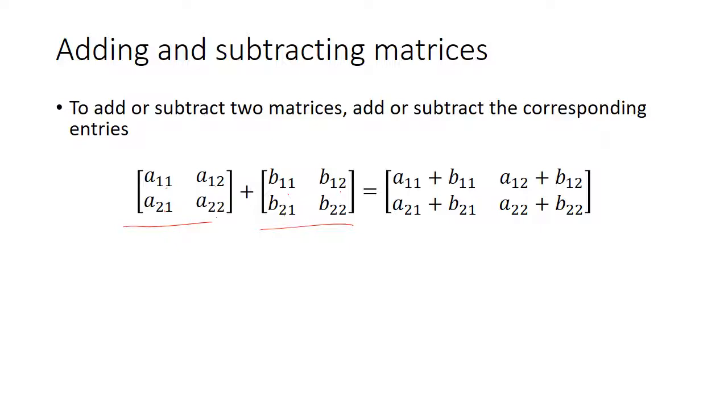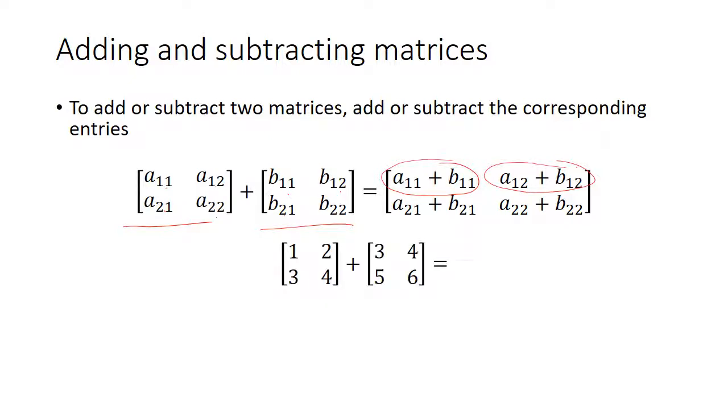The real rule is if your two matrices are the same dimensions, you can add and subtract them. Your answer is going to be: you take your A11 and your B11 and add those together, then your A12s and your B12s, and they will go in the spot for the 1,1 and the 1,2 in the corresponding matrix.